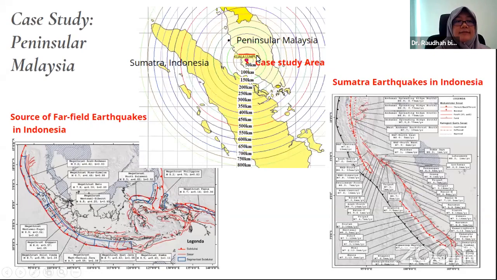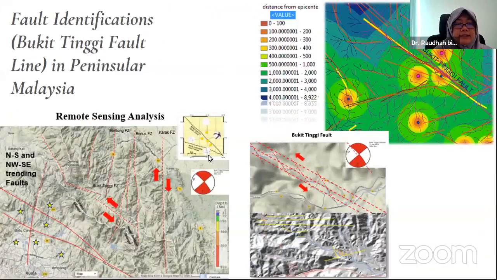Peninsular Malaysia itself. Okay, so here are the fault identifications at the local area of Malaysia. The one identified very close to the area of the facility is the Bukit Tinggi fault line.